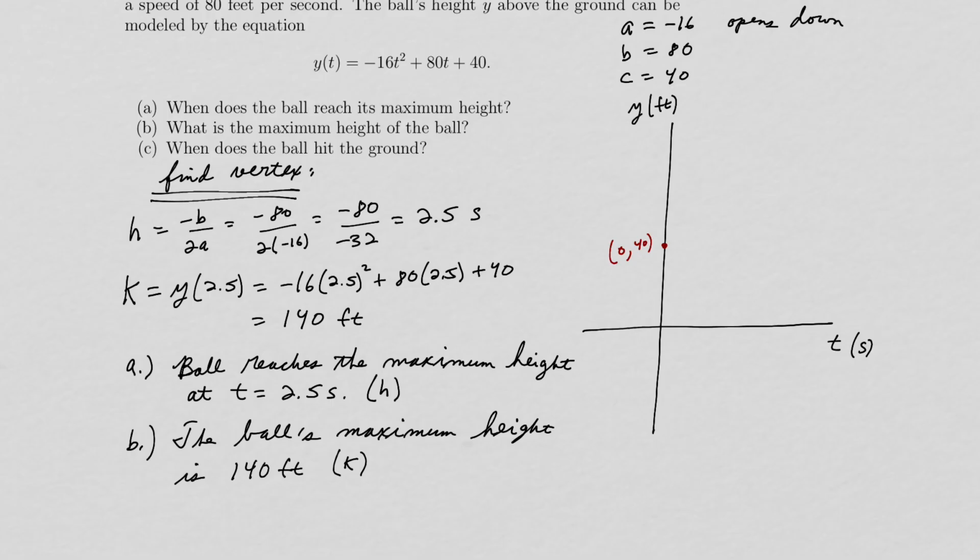The vertex is going to occur at 2.5, so it's like here, right? 2.5 comma 140. I'm not really drawing this to scale, but way up here, let's say it's 140. So this would be the vertex.